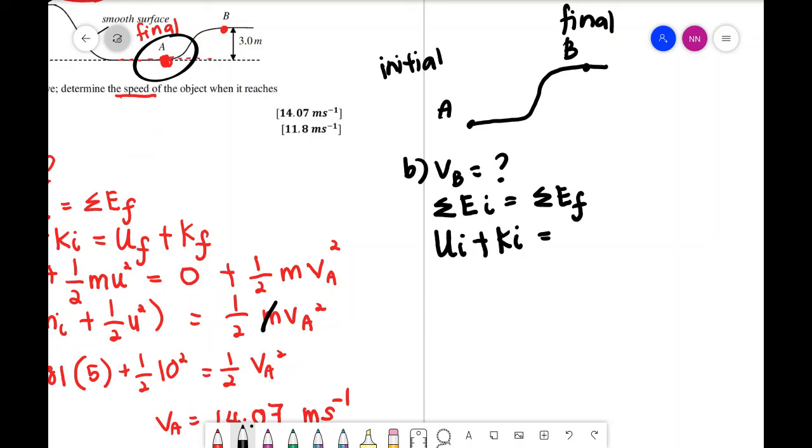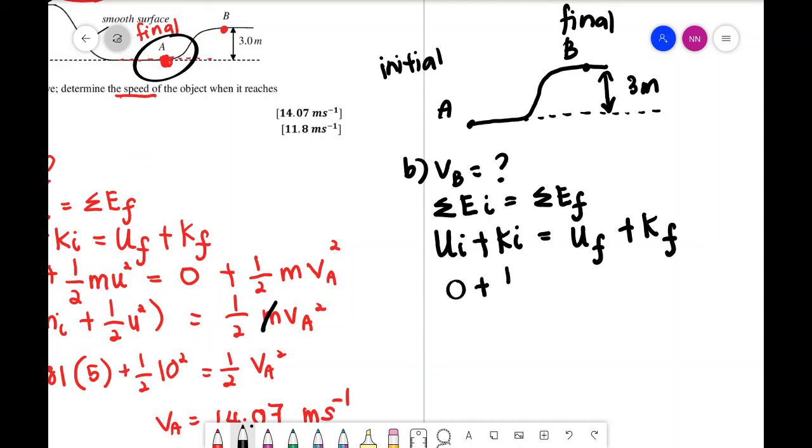At point B, you have to identify what kind of energy there is. At point B, it has potential energy and kinetic energy. It has potential energy because it is at a particular height from ground level, 3 meters above the ground. Then we can write down the formula. At point A, potential energy is 0.